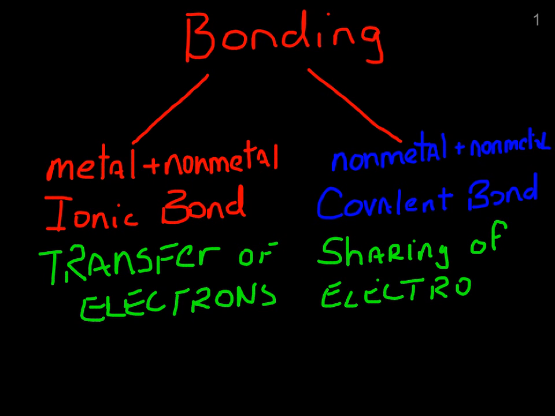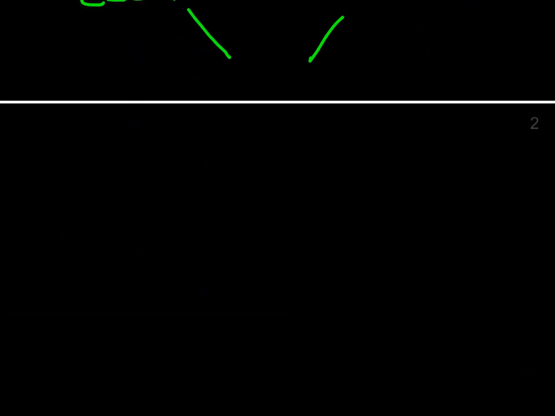So if nothing else, you figured out that bonds between atoms take place because of something that the electrons do. Now, when you form an ionic bond, I'm going to talk about that one first, but the rationale for both of these, the reason why bonds form, is the same, and I'll explain that.